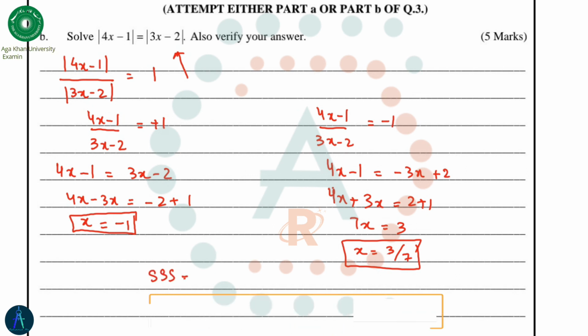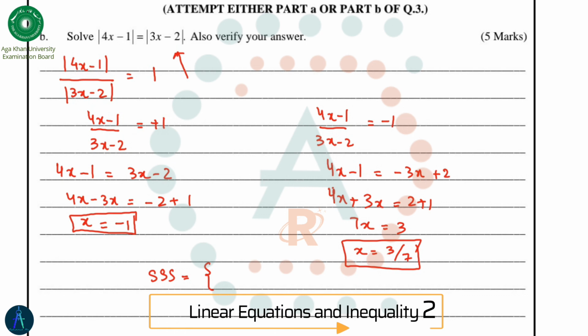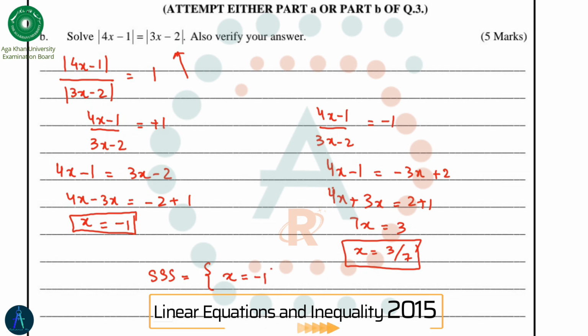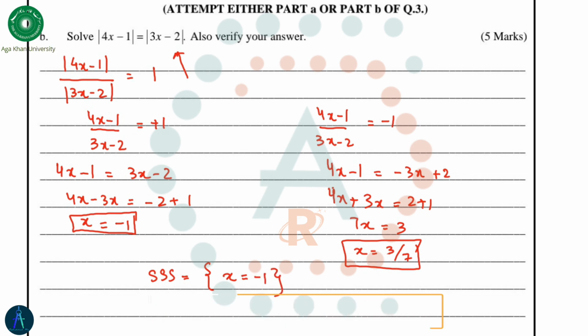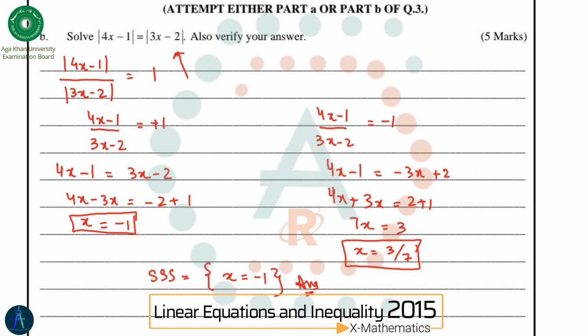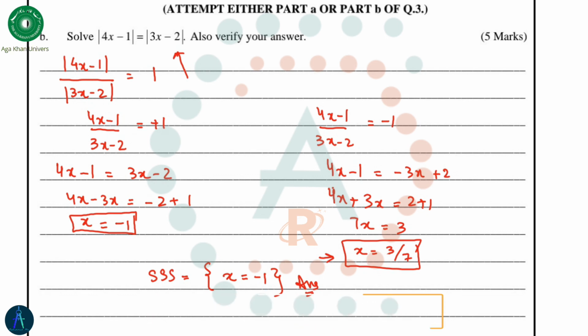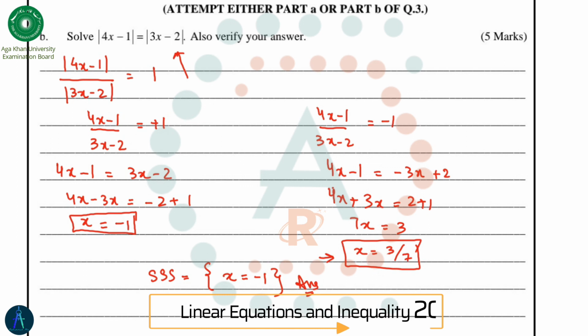So this work can be done individually by every student to see that this value of x equal minus 1 only satisfy this equation. जबकि x equals 3 over 7 को अगर हम substitute करते हैं so मॉड्यूलस इक्वेशन वेरीफाई नहीं होती. So in this way the solution set is x equals to minus 1.